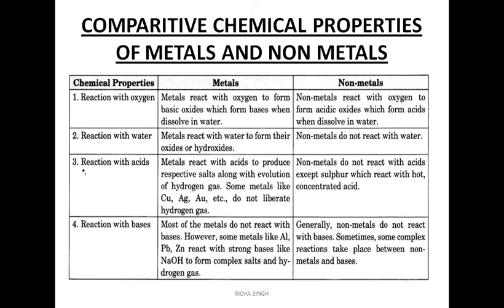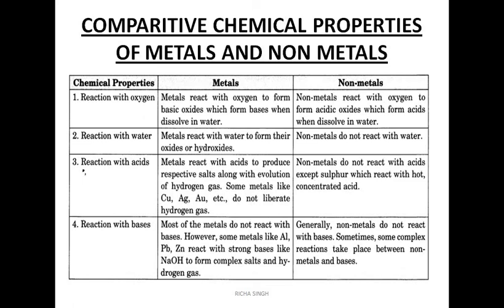Metals react with acid to form respective salt and they liberate hydrogen gas, whereas non-metals do not react with acid, only sulfur reacts with hot concentrated acid. Okay, so this is an exception. Please do write this in your books also.